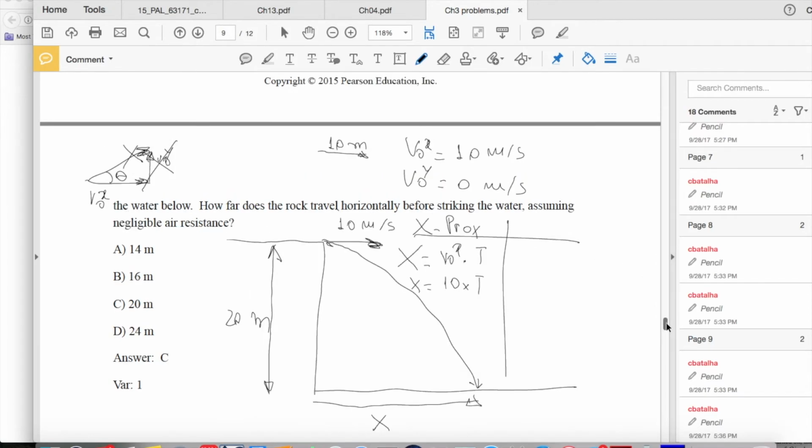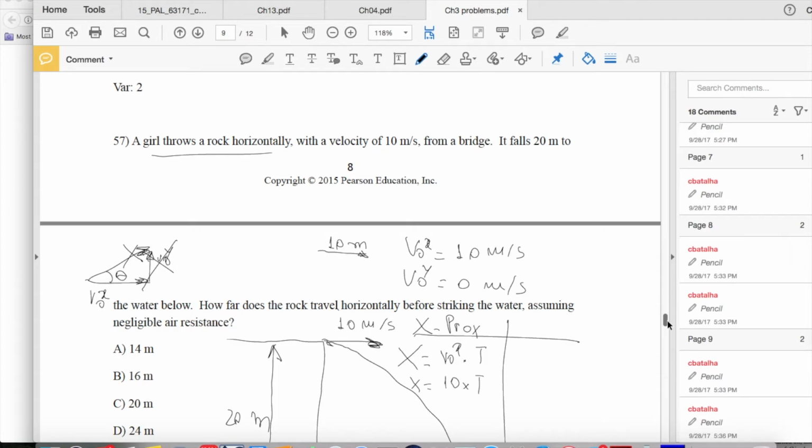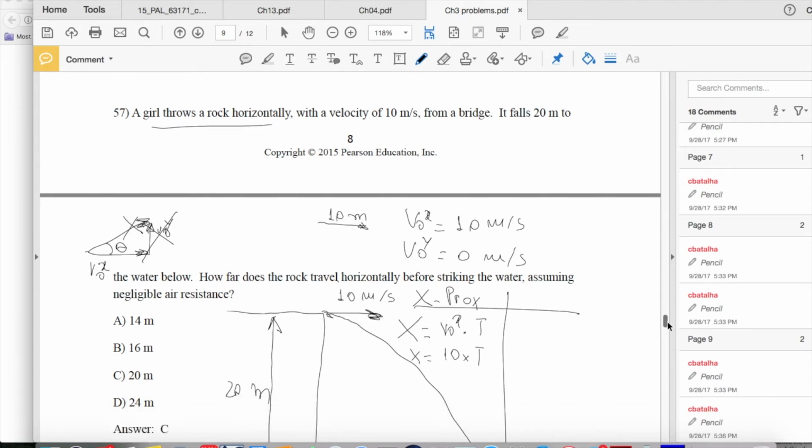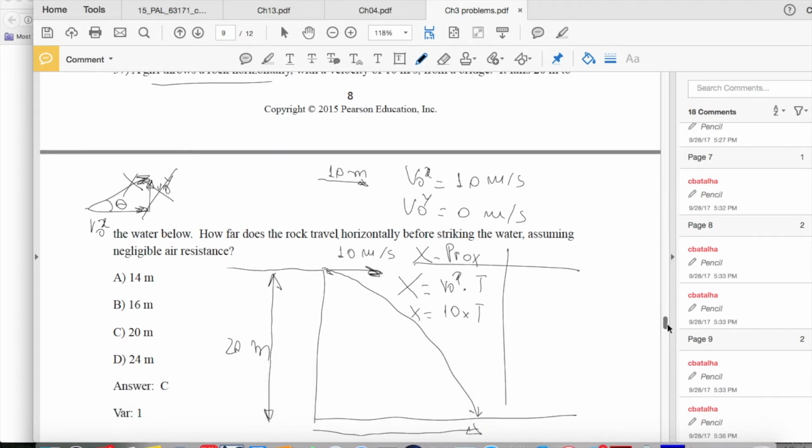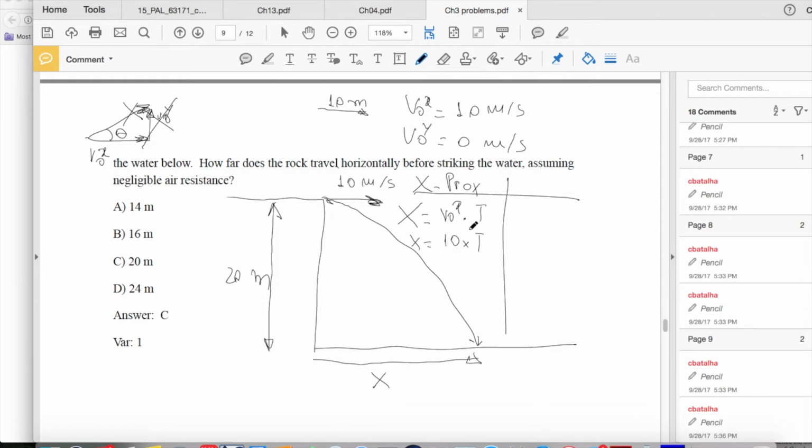So if we knew how long it took the projectile to hit the water, then the problem would be solved. You would plug your time in seconds over here, and then you have x. But we don't know that.